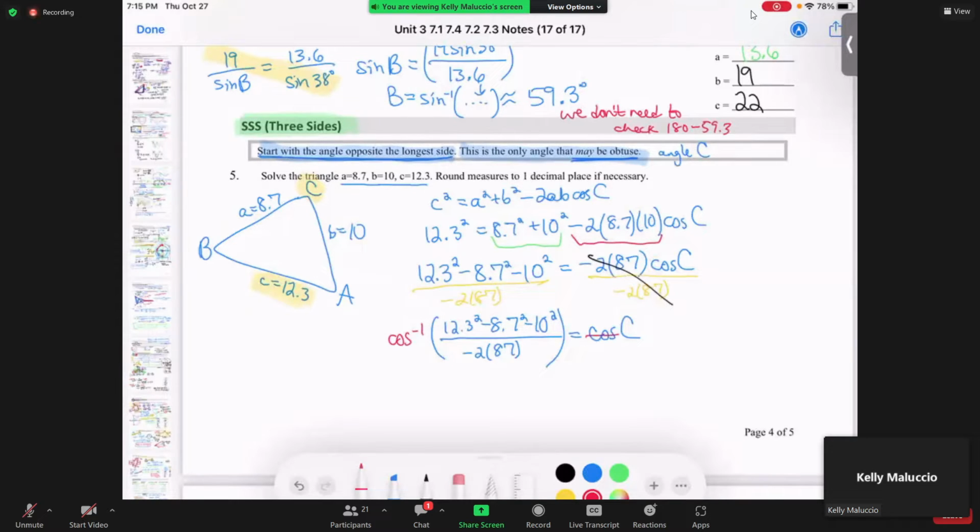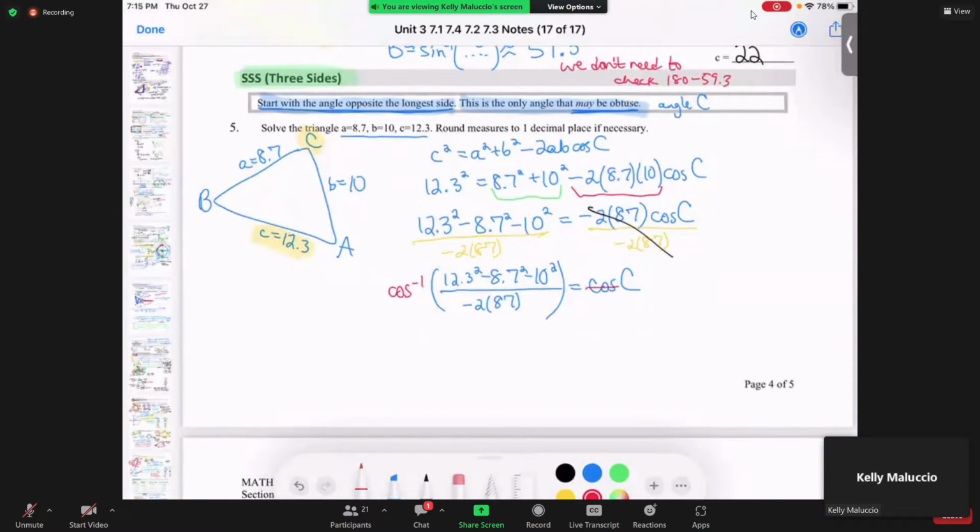So if I cross out, I'm being a bit lazy, but if I just do inverse cosine of this whole thing, this is gonna equal C. And I should get approximately, if you do just this inside piece, about 0.14 and things, but don't round this till the end. And then I think I get C is 81.9. I'm rounding to 1 decimal, but keep in mind if your homework wants more, just keep that in mind.